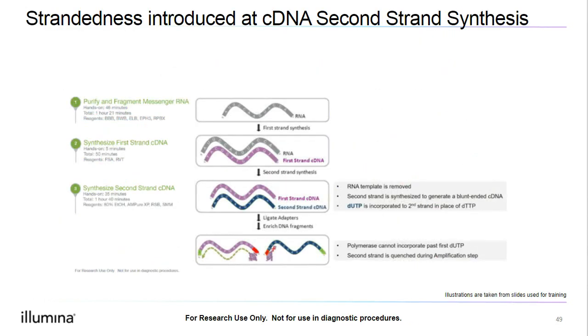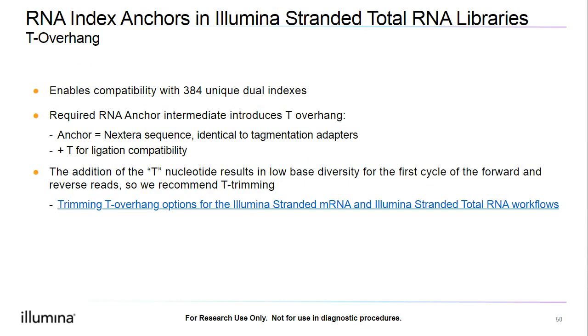As with TruSeq Stranded Total RNA, strandedness is introduced during second strand synthesis through incorporation of dUTP. Just like the Illumina Stranded mRNA workflow, we use index anchors that introduce a T overhang for ligation. After ligation, we can then add index adapters by PCR.